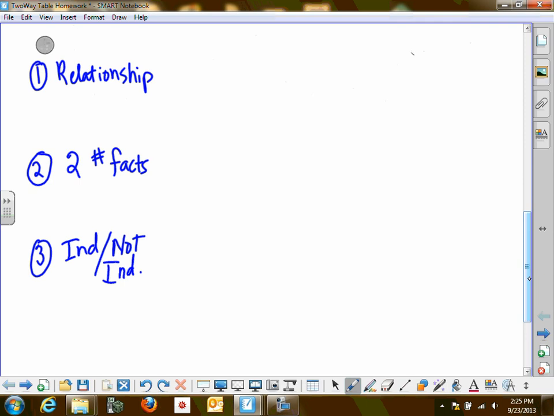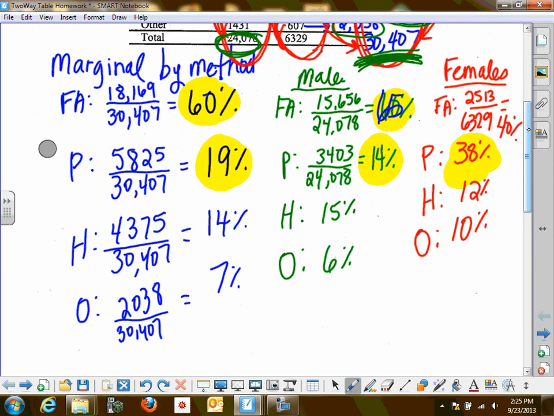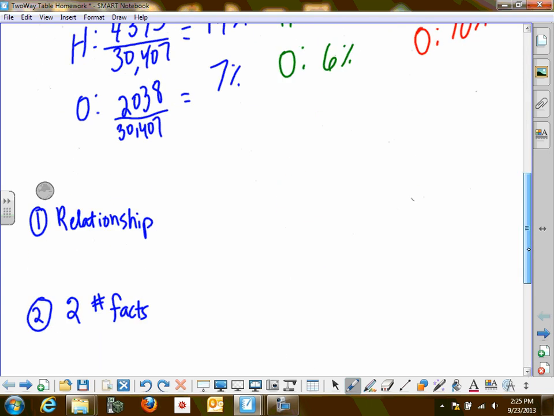One variable is gender. Very good. The other variable is method. Okay, so gender and method are our 2 variables. So would you say, based on our percentages, that there is a relationship between your gender and your choice of method? Yes. Okay, very good. So I want that to be your first sentence.